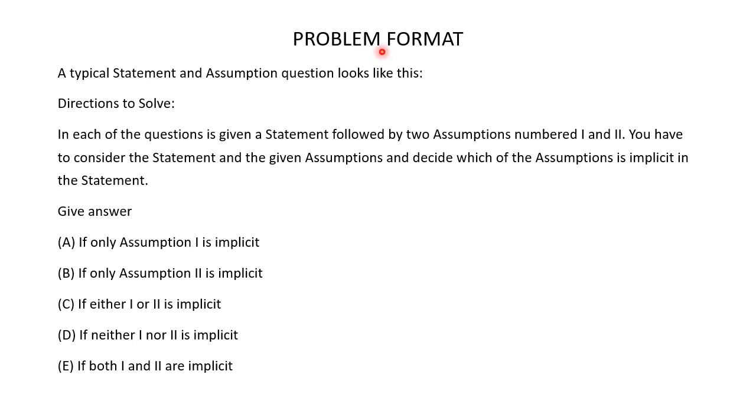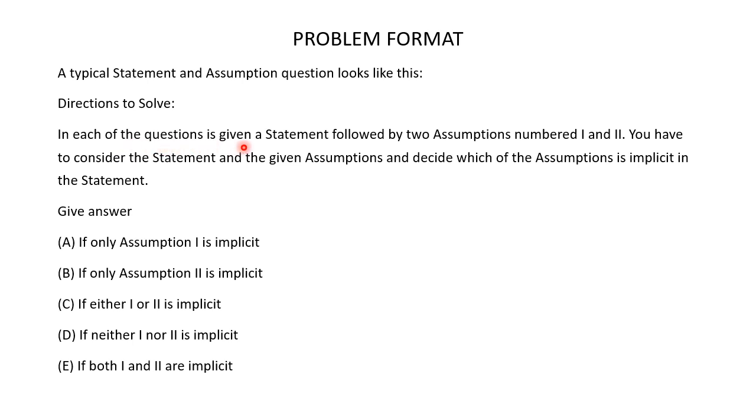Let's now look at the problem format of a typical statement and assumption question. Now, in a statement and assumption question, first you will be given directions to solve and then you will be given a question which has to be answered. Directions to solve.